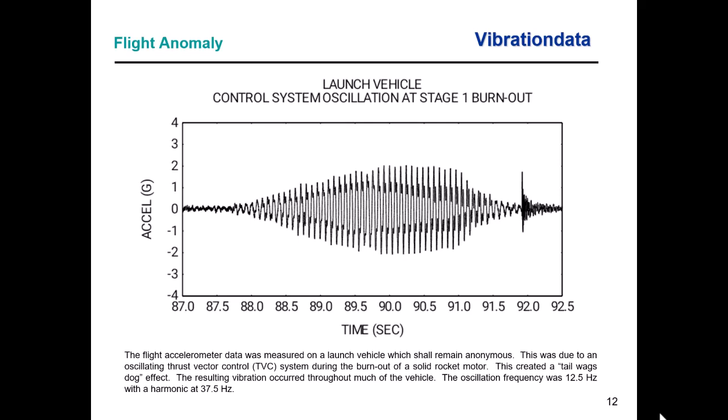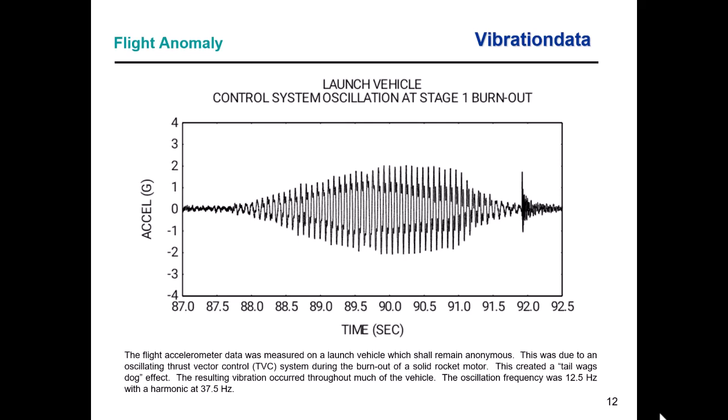I'm just making that number up. And the vehicle was very sluggish to react because the thrust force was tailing off, so there's less moment available. So the control system and the TVC system just kept going and going and going, trying to steer the vehicle, and it was a tail-wags-dog effect.